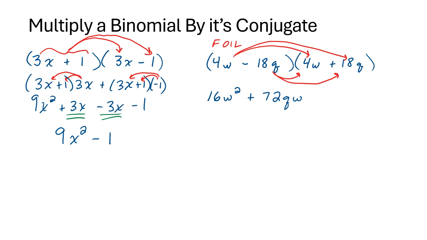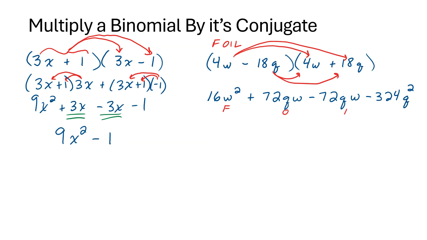And then negative 18q times 4w is negative 72qw. Then last, we have negative 18q times positive 18q, which is negative 324q squared.